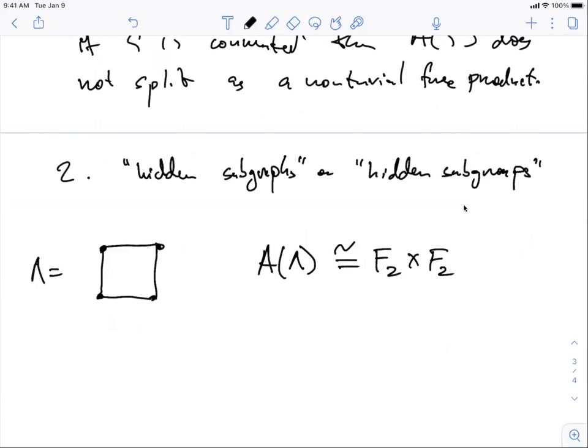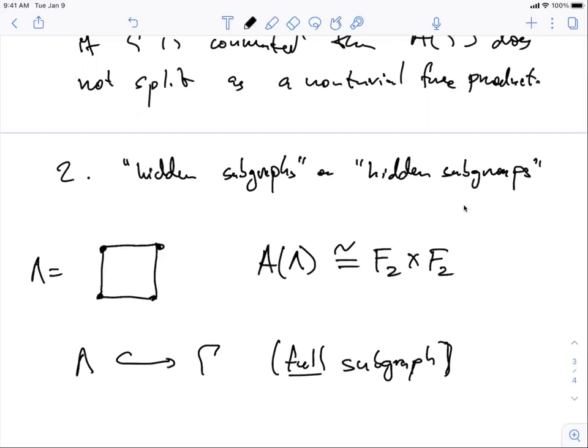Now if lambda sits as a full subgraph of a graph gamma, when I say full subgraph, I always mean that lambda consists of 4 vertices inside of gamma, and every edge that's present in gamma is required to be present in lambda.